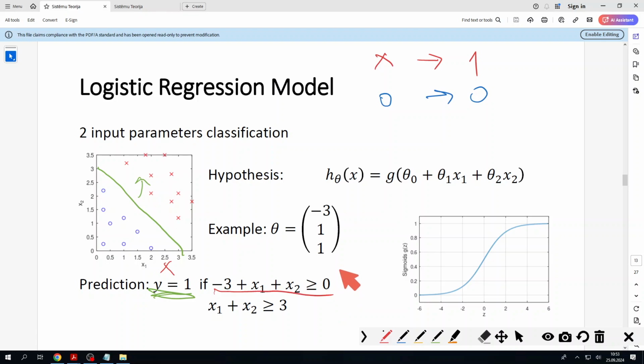No, there are only 2 possible outcomes. It can be 0 or it can be 1. Yes or no. So accordingly, what we are trying to make here is our hypothesis: is this a cross?